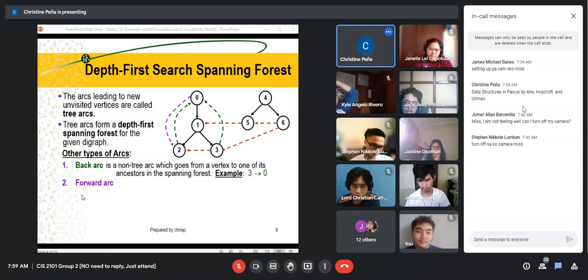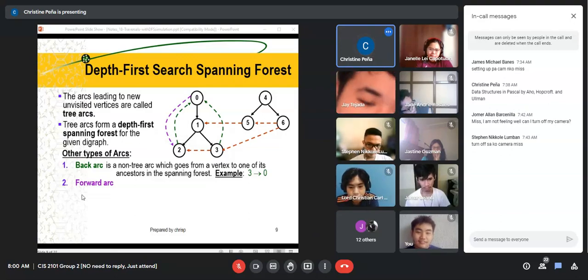Jay? Yes, Jay. Forward arc is a non-tree arc which goes from a vertex to one of its descendants in a spanning forest.